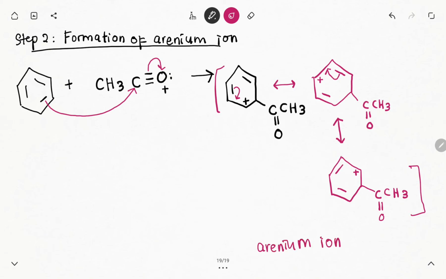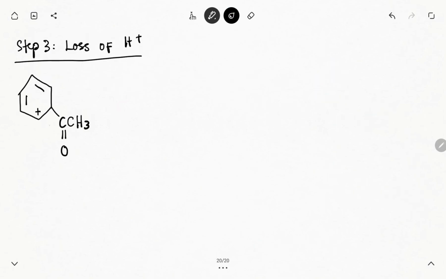For the next stage, step 3, you must choose the first structure as the next mechanism. In step 3, we need to prepare our target product. So the arenium ion, the first structure from the resonance, reacts with AlCl4 minus, our first intermediate product here.